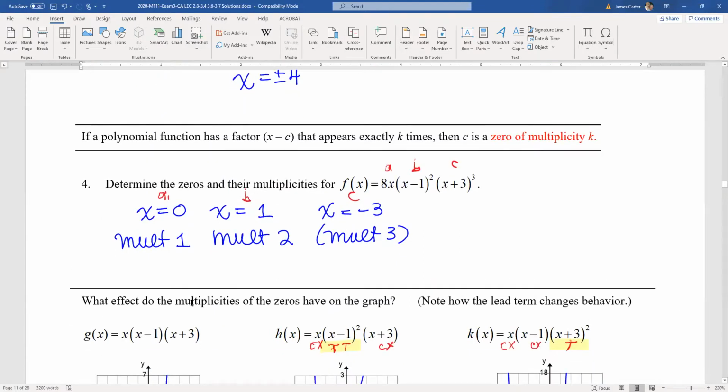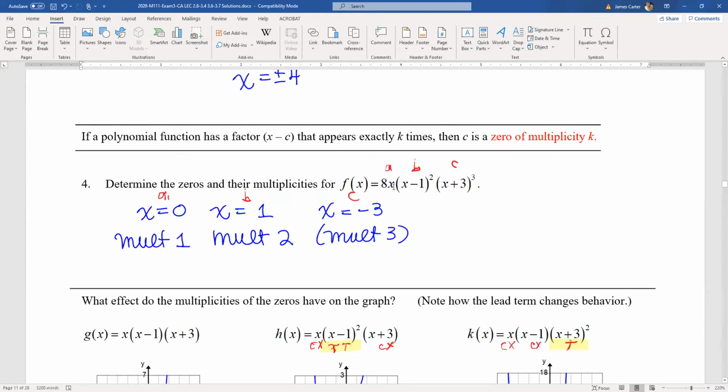Problem number 4. Okay, now in this case, here's my equation. These are not a, b, and c constants. What I'm referring to is here I have the first x term, the second x term, the third x term.